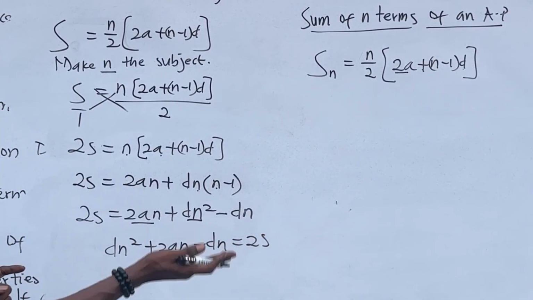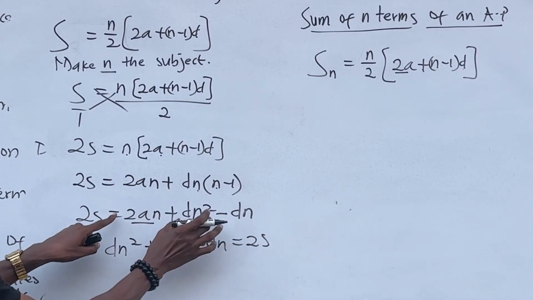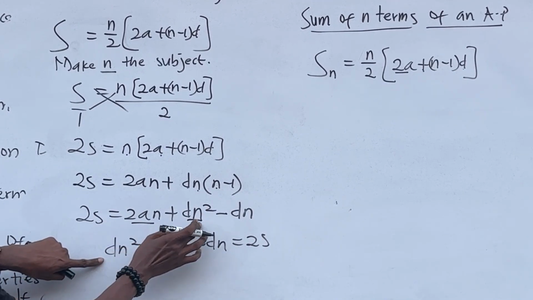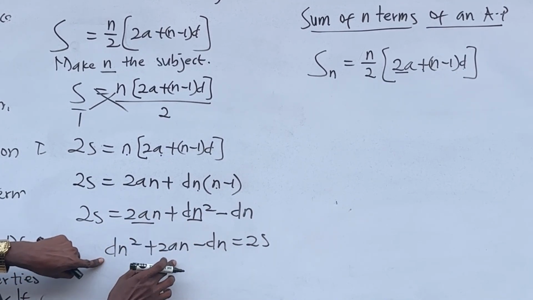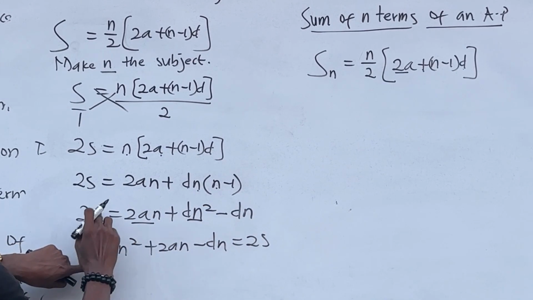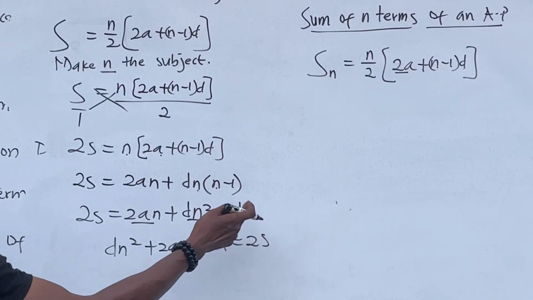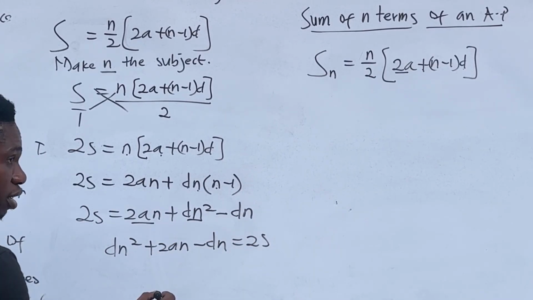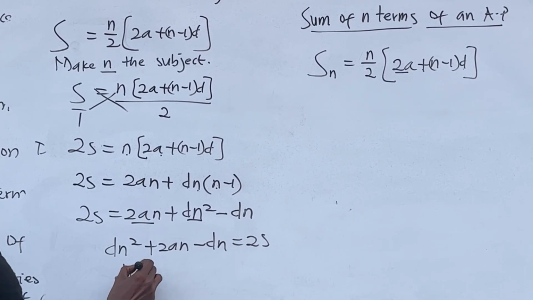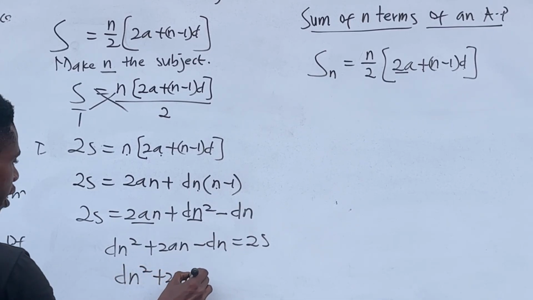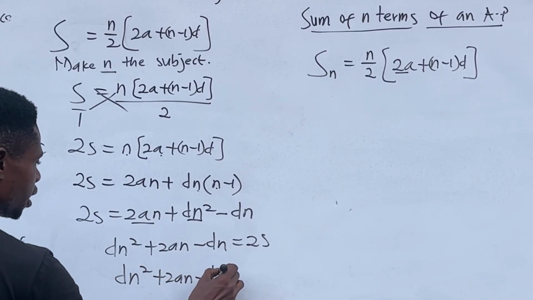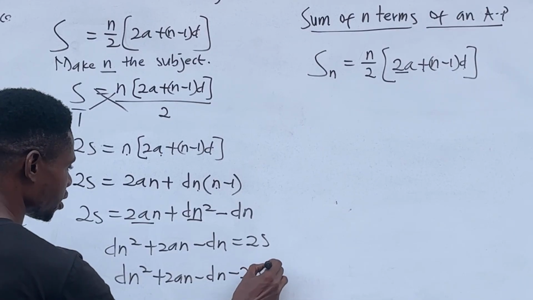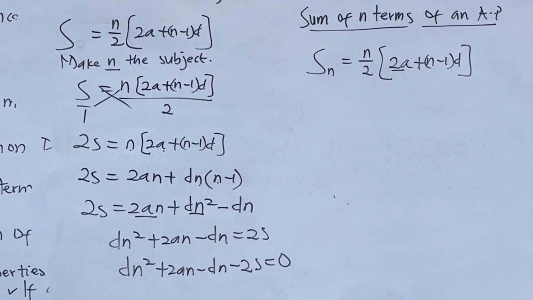I just rearranged. So dn squared, that's this, plus 2an minus dn equals 2S. So I want to bring the 2S inside, so we have our plain quadratic equation. So from here, dn squared plus 2an minus dn minus 2S equals 0.